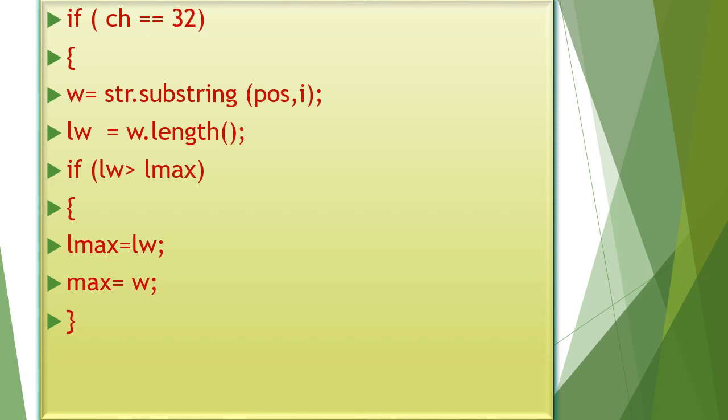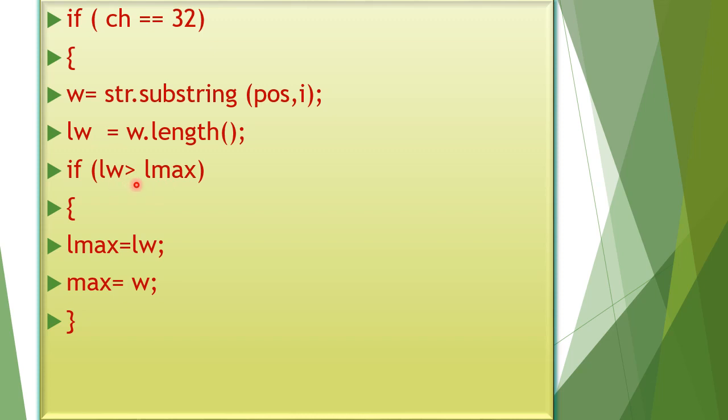Here, when the first word is stored in the variable w, and the length of the first word is stored in the variable lw, of course lw will be greater than lmax, because lmax is initially initialized to 0.